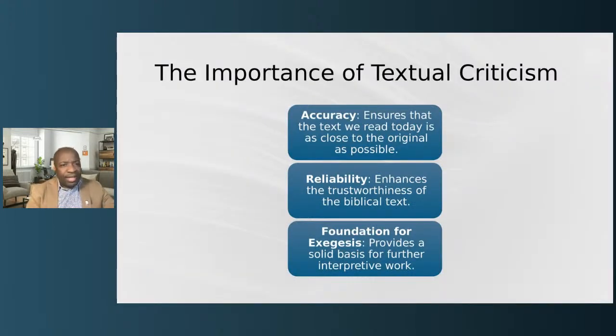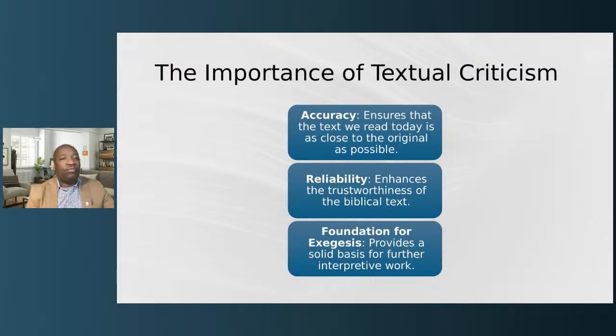The importance of textual criticism is it ensures that the text we read today is as close to the original as possible. Remember, the manuscript or the text that we look to serves as the foundation for our exegetical study. And so we want to ensure we have the most accurate possible.